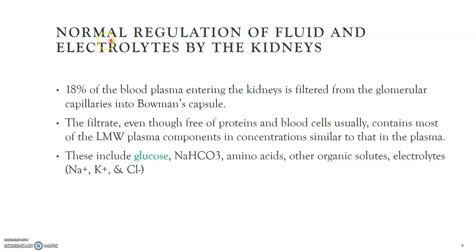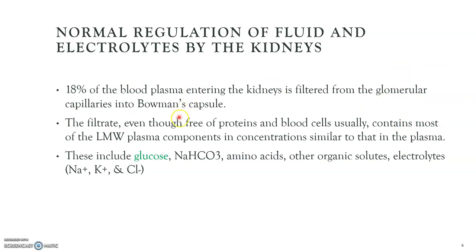Before going into diuretics, let's talk about the normal regulation, the normal control or maintenance of fluid and electrolytes by the kidneys. About 20% of the blood plasma entering the kidneys will be filtered from the glomerular capillaries into the Bowman's capsule.